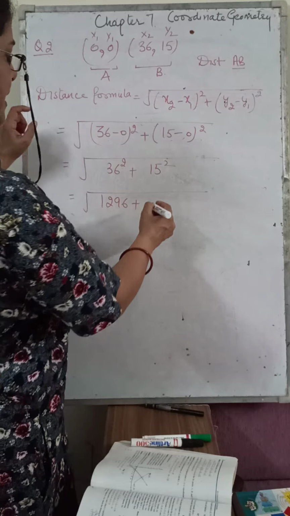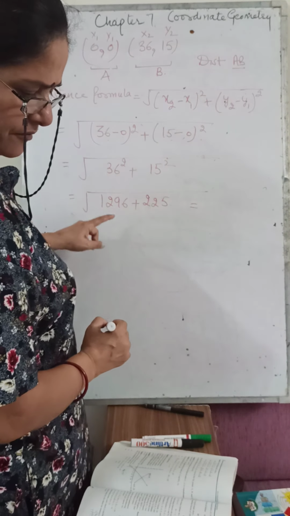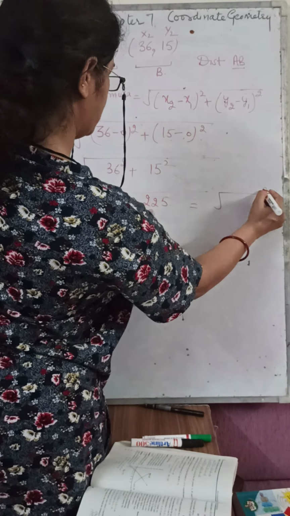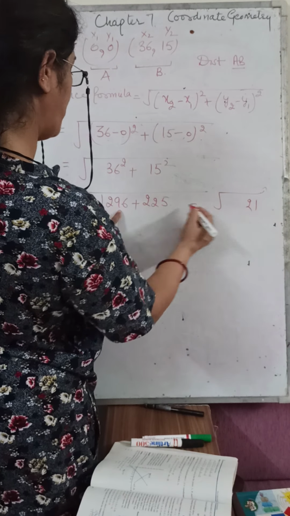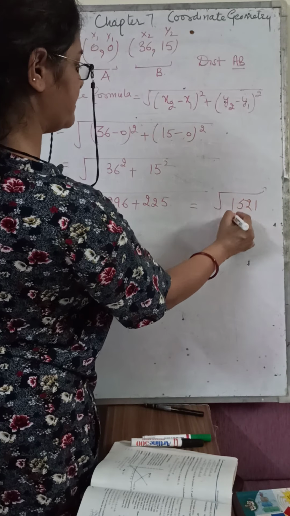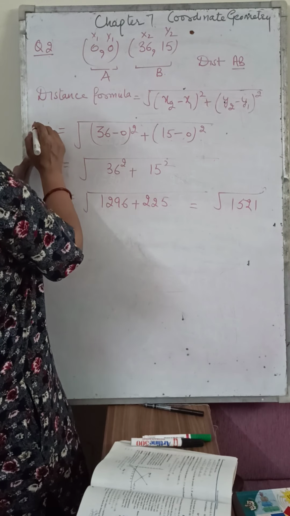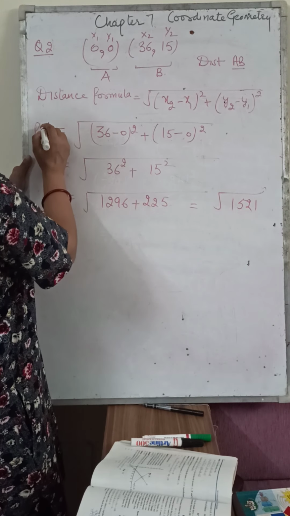And the square of 15 is 225. Clear? Add up. It comes out to be 1521. So this distance AB, sorry.